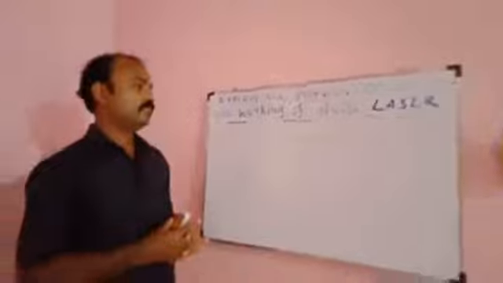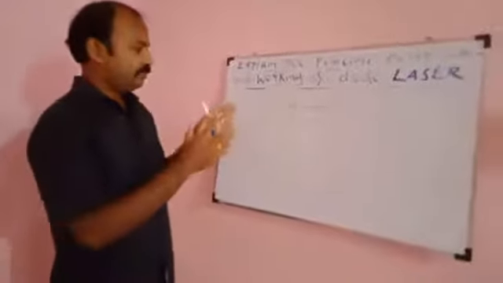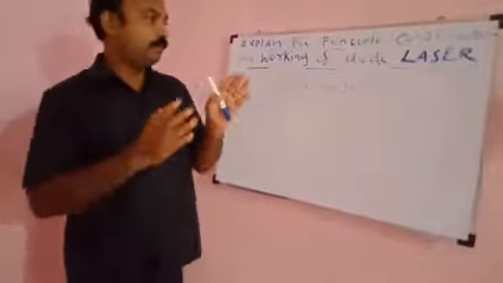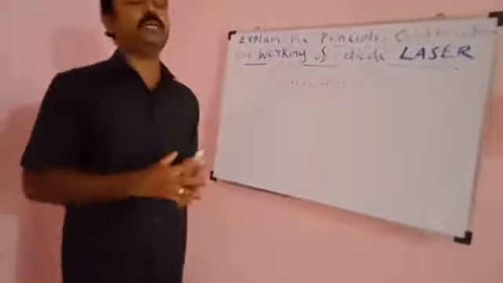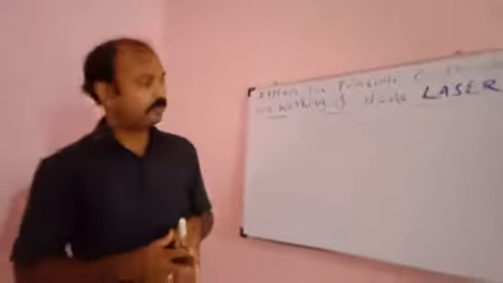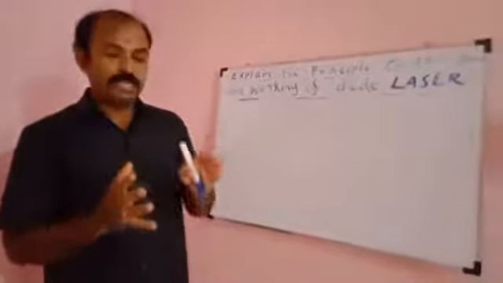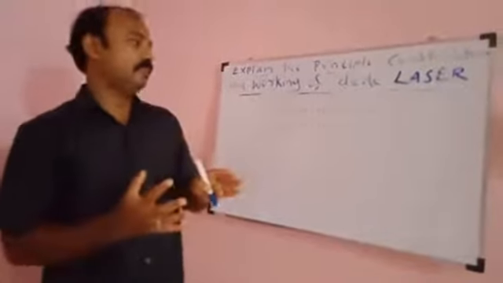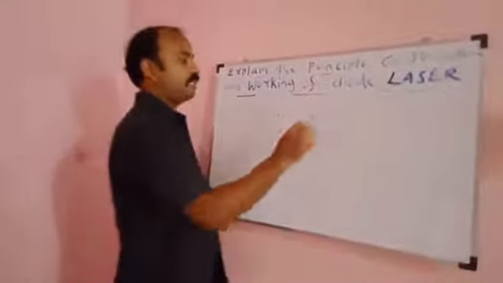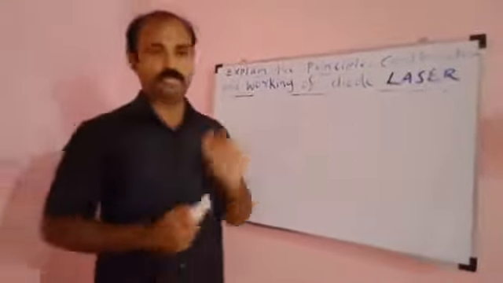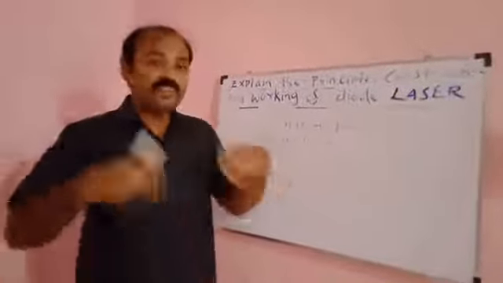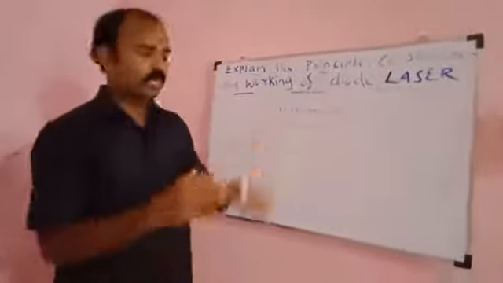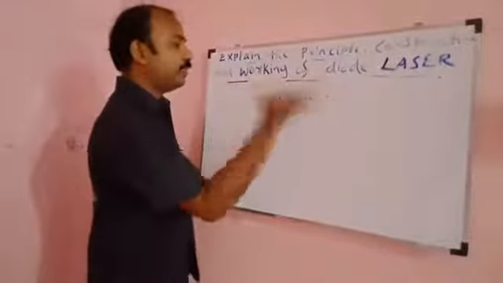What is meant by homojunction semiconductor laser diode? Homojunction means the same type of semiconductor is available on both sides of the junction. If the same type of semiconductor is used on both sides of a junction, the laser is homojunction. If a different type of semiconductor is used on both sides of the junction, that is heterojunction.